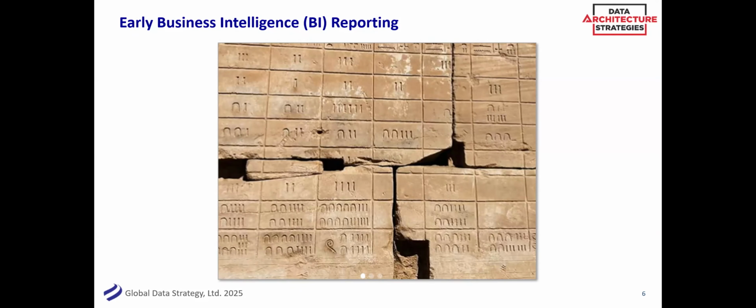I remember I went to Egypt, and I was probably the only person on the tour that thought of this: a lot of the hieroglyphics that we think are so profound and interesting are literally just counting barrels of wheat or grain, invoices. And it was really your early BI, your early spreadsheet, your early reporting, because that need to count things and sell things and make sure your inventory is correct, that was early data architecture, data management, right?